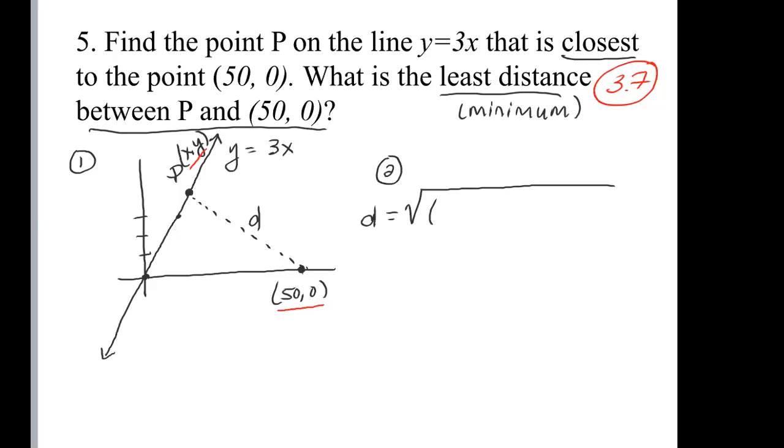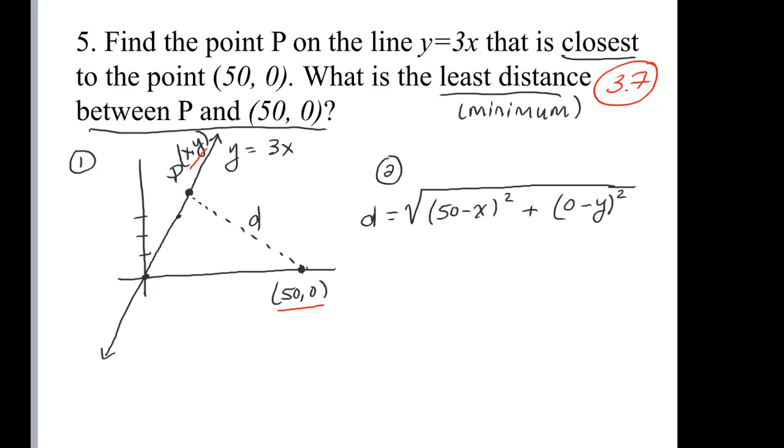So the distance between the x coordinates would be 50 minus x, squared, plus 0, which is the y value of that first coordinate, minus y, squared, which I could write in any order that I want.